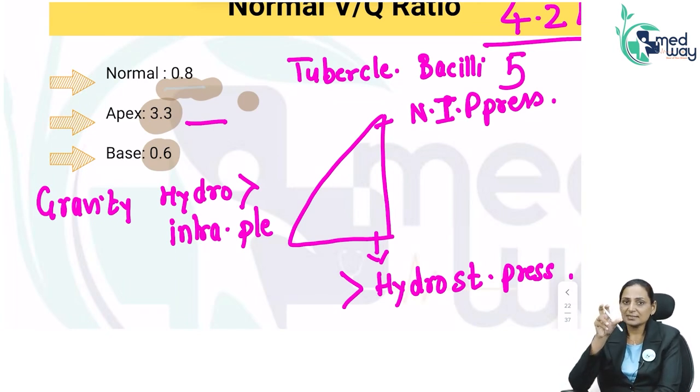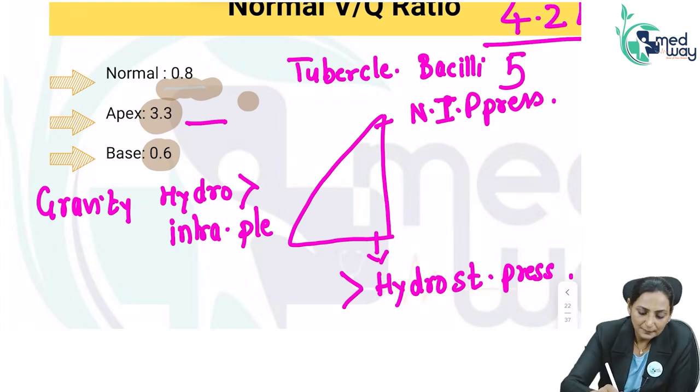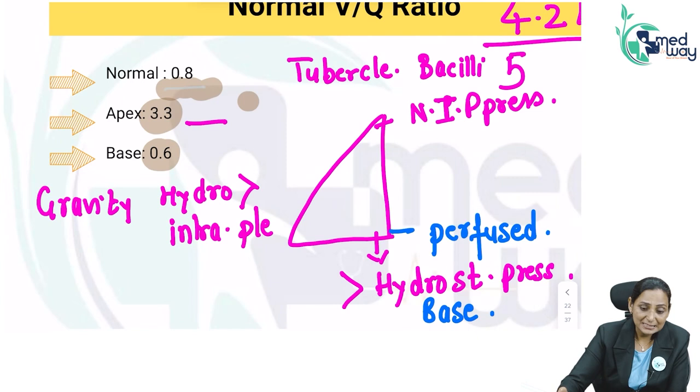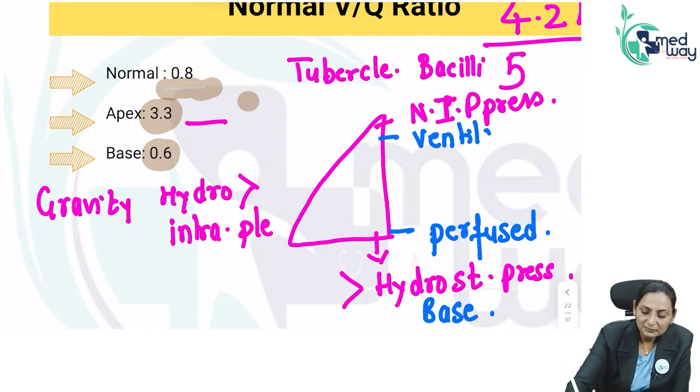So because of this concept, you can conclude that the lungs are better perfused at the base, and they are better ventilated at the apex.